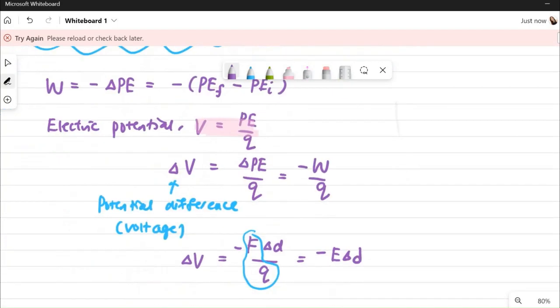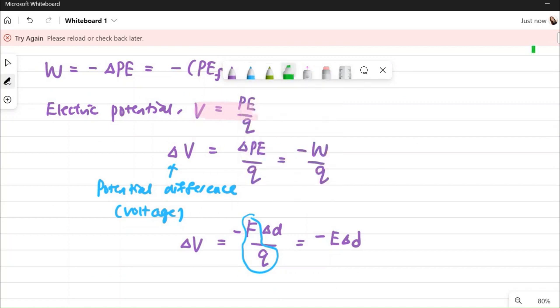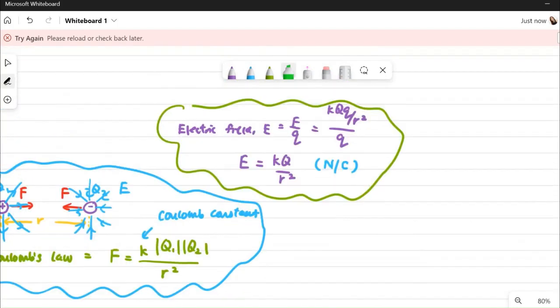From here, there is a relation where we can relate the electric field with the electric potential difference.